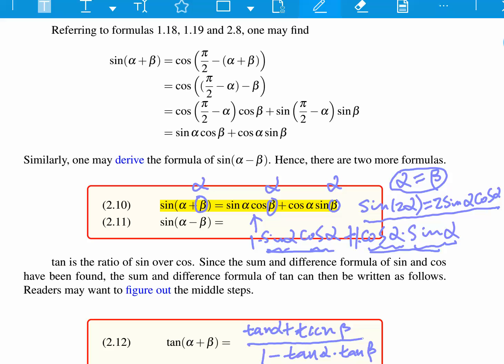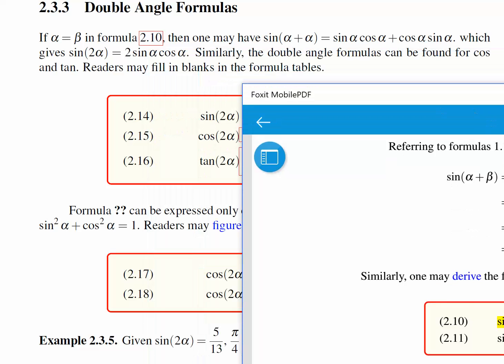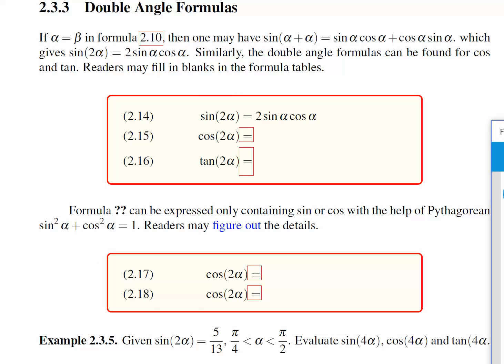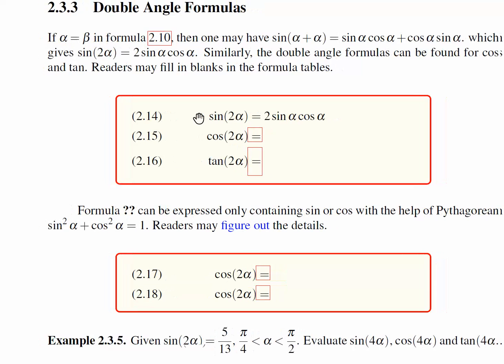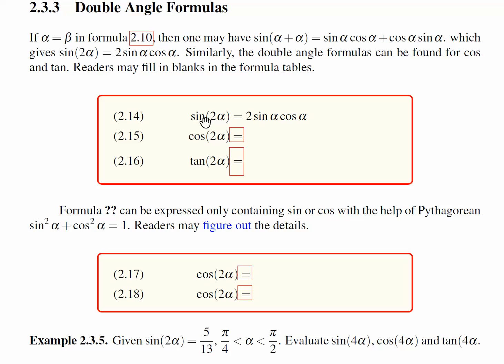That gives us the formula right here: sine 2 alpha equals 2 times sine alpha cosine alpha. So this is the double angle formula, one of them. Similarly, let's consider cosine 2 alpha.